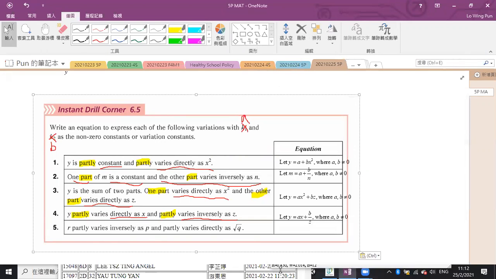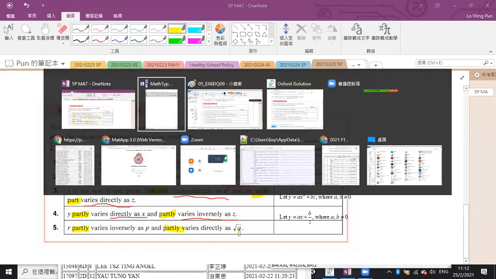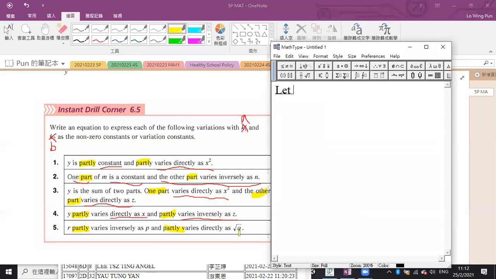Like this. Okay, and then number 5, r partly varies inversely as p and partly varies directly as square root q. So partly, two parts again. So we will let r, the subject, be the sum of two parts.